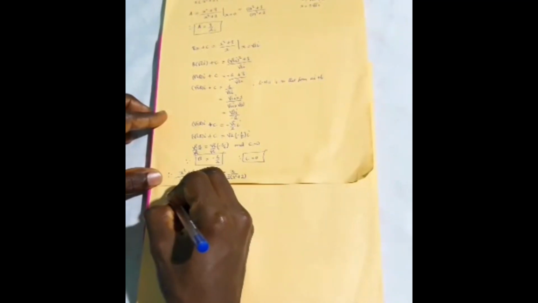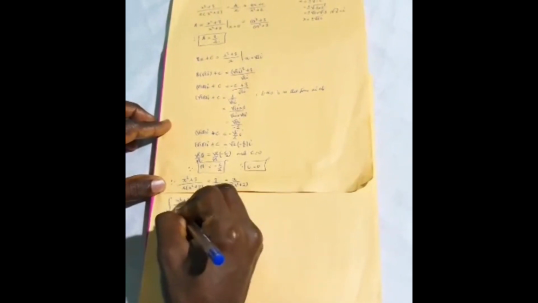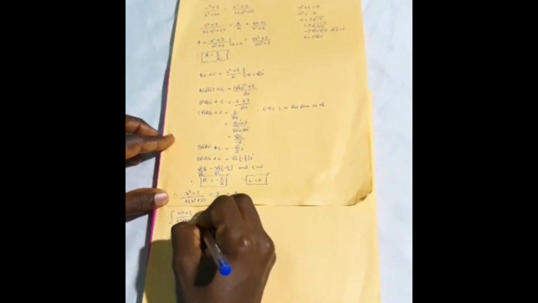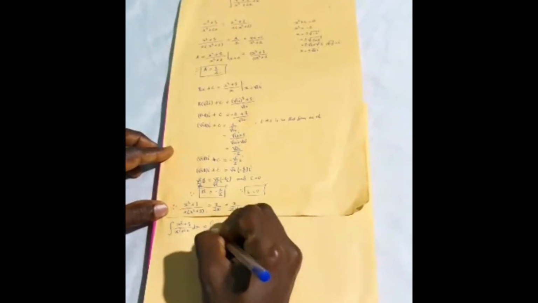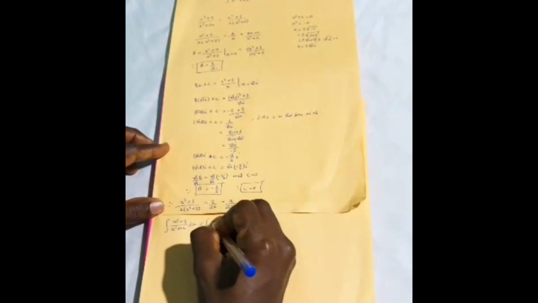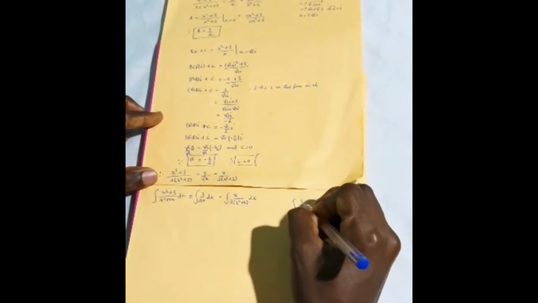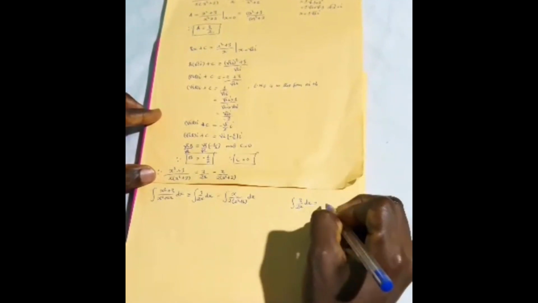So now we have that the integral of x squared plus 3 divided by x cubed plus 2x dx is equivalent to the integral of 3 in the original expression. So we have that the integral of 3 divided by 2x dx is the same as 3 over 2 times the integral of 1 over x dx.